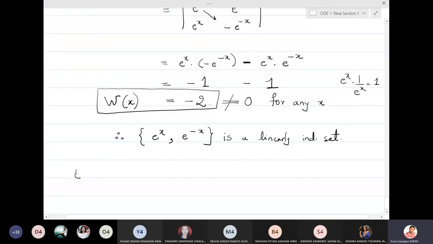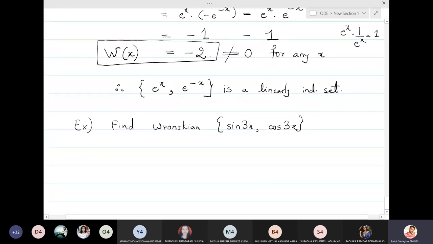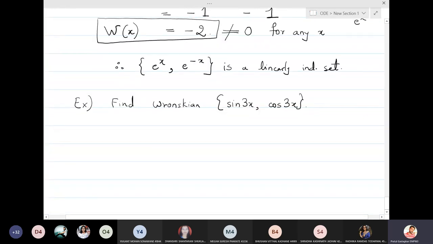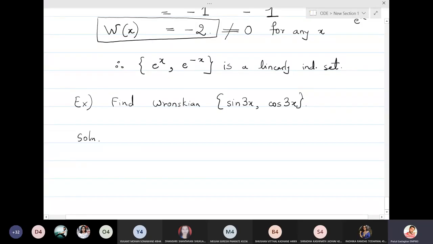Suppose I am taking two functions now. Find the Wronskian of the set sine 3x, cos 3x. Okay, so what is the answer? This is my first function and this is my second function.